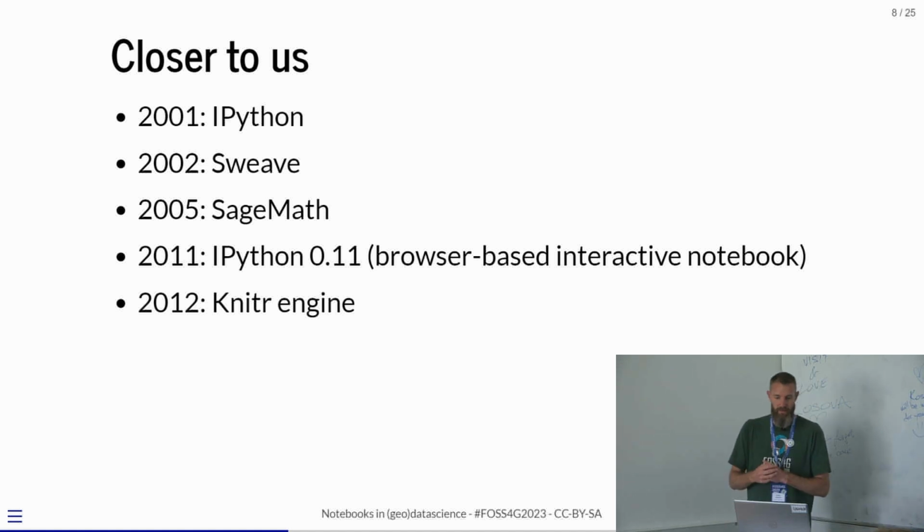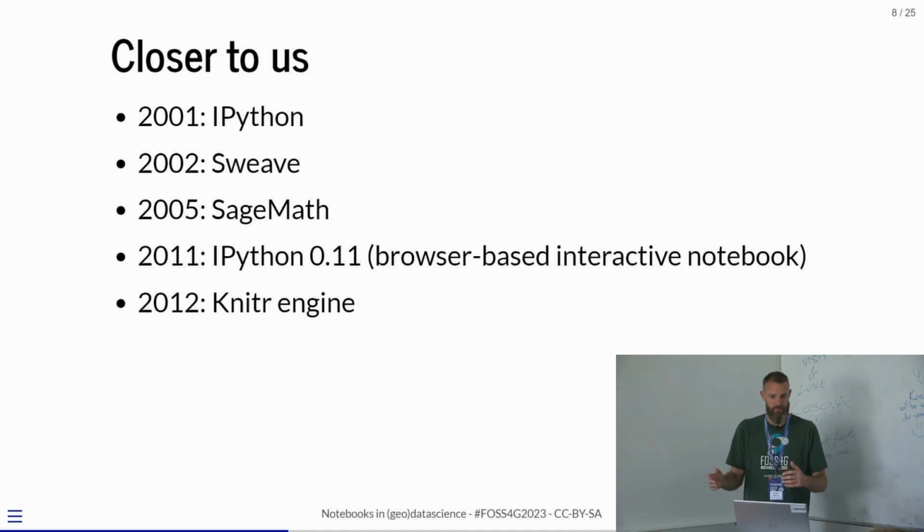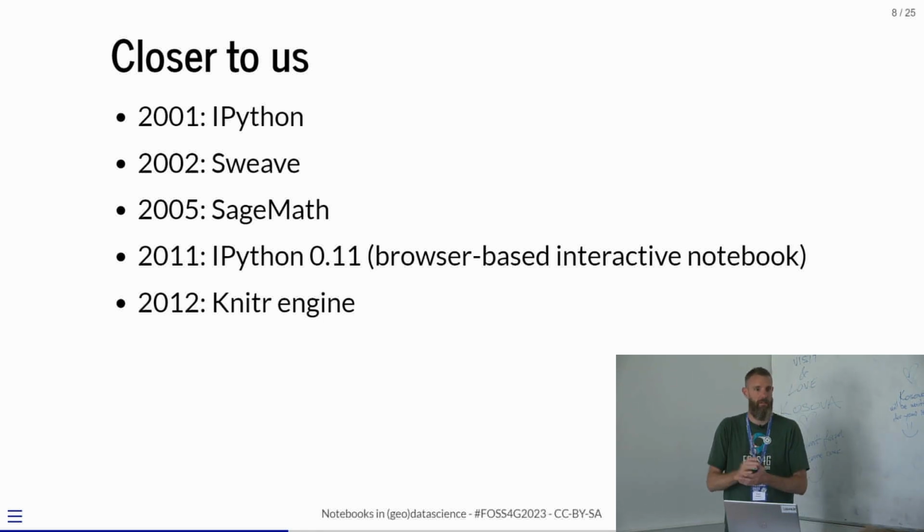In 2012, there was the Knitr engine, which, from the R world, improved what Sweave did and took the whole computation of the document with LaTeX. So you press a button and it compiles the document to take into account cross-references and citations, and at the end you have your PDF or your HTML page. Sweave didn't do that. You had to cross-compile things beforehand.